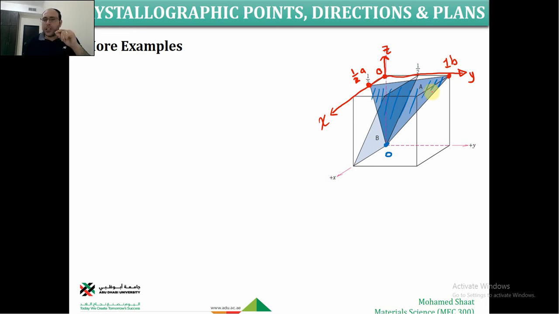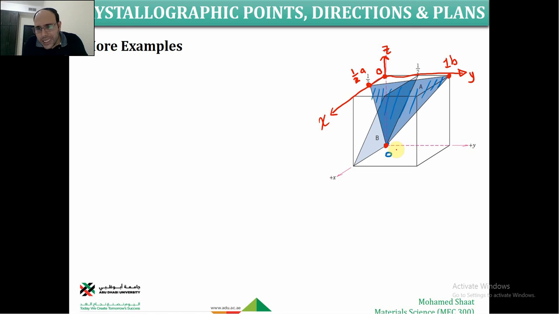The question is, does the plane intersect with the z-axis? Yes, it does, because you should consider that the z-axis extends all the way up to positive infinity and all the way down to negative infinity. So the extension of the z-axis down will meet the plane at this point, which was the original 0 point or origin point.